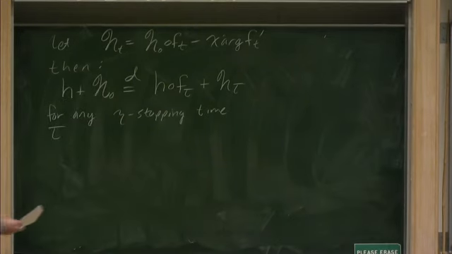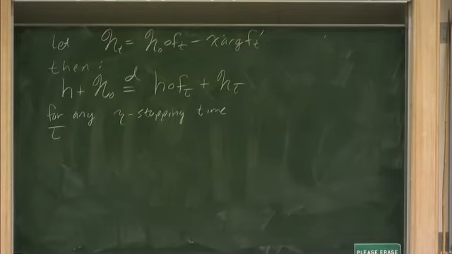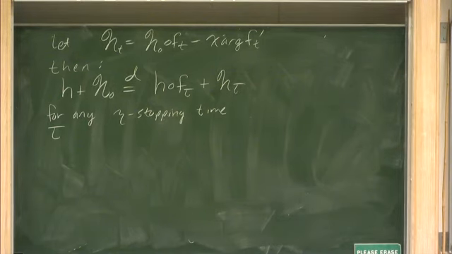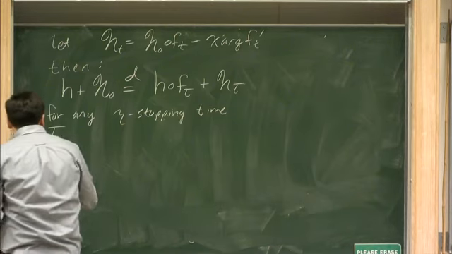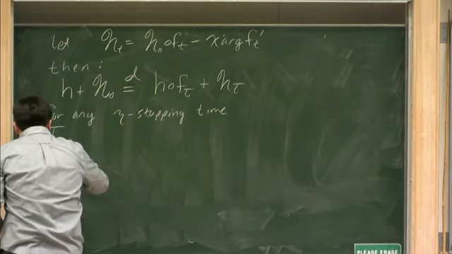All right, and so this is the theorem that I'm going to indicate the proof of now in the last 20 minutes or so. Before I do that, let me just make a couple of remarks.